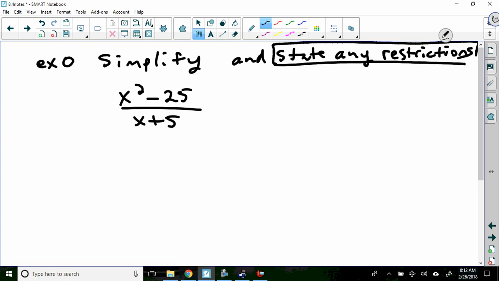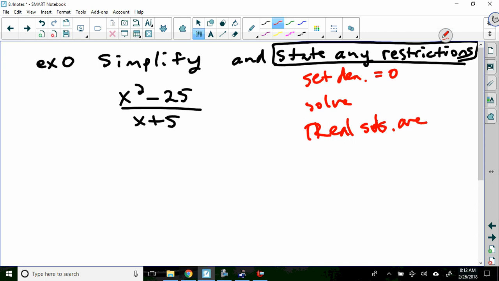What that means is you need to set the denominator equal to 0 and solve. And the real solutions are the restrictions. The real solutions are the restrictions.